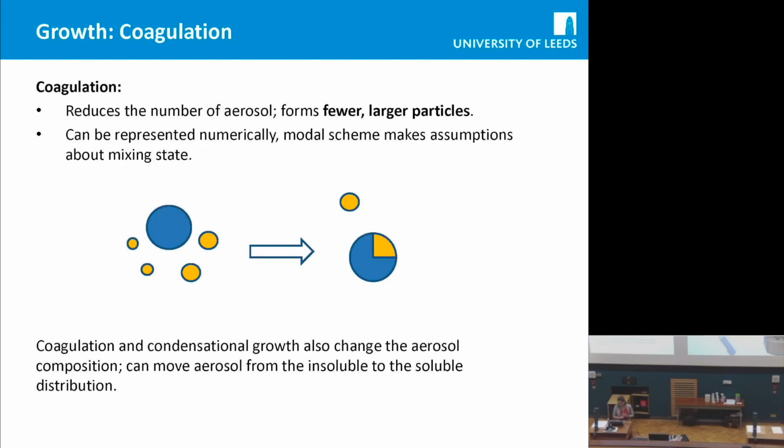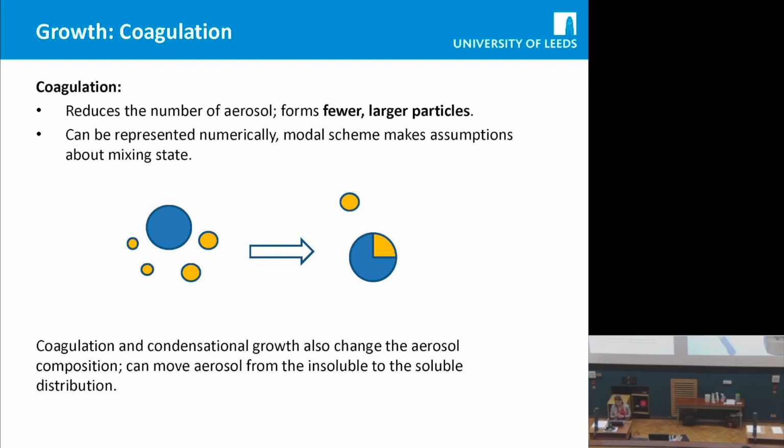The other thing that happens alongside condensation is coagulation of particles. So they're all in the particle phase, but essentially smaller particles banging into larger particles can cause them to coagulate. So again, this ends up giving you larger particles, so it's another way that particles can grow.